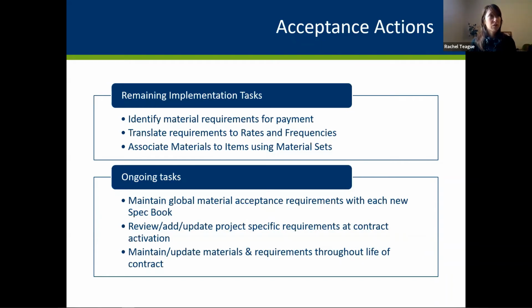And then another large task will be to associate your materials to items in those sets of materials. The reason that is a complex task is you're not just identifying what materials you use, but you're also identifying how you're going to translate the item unit into the material unit using something called a conversion factor.